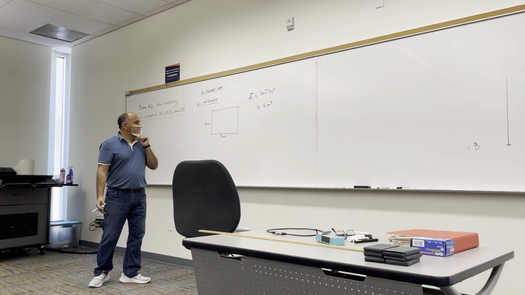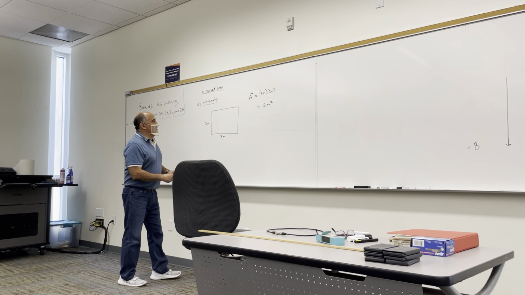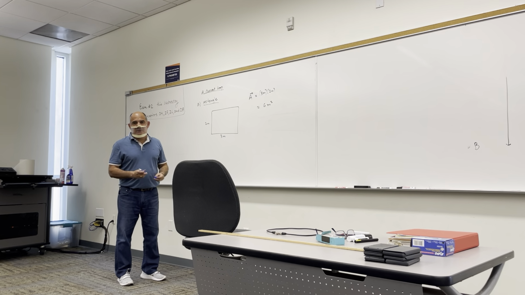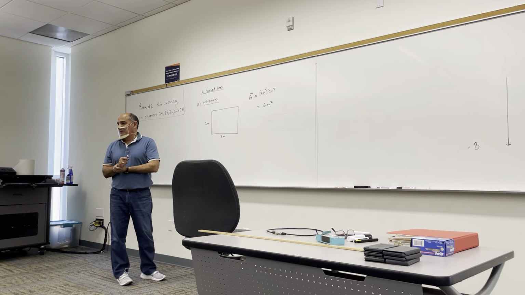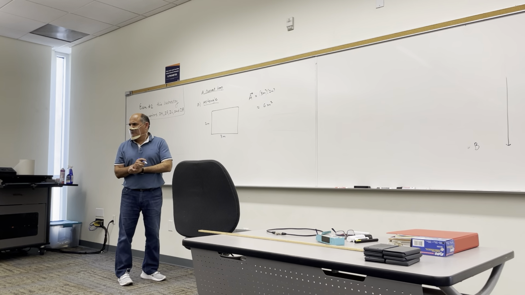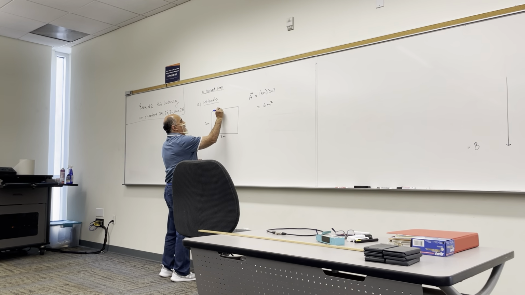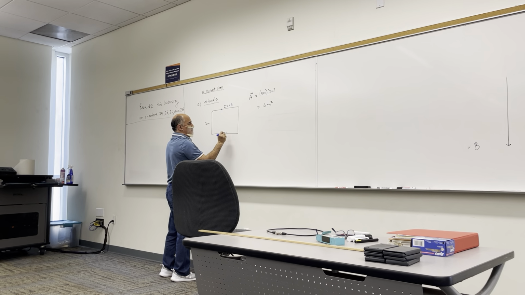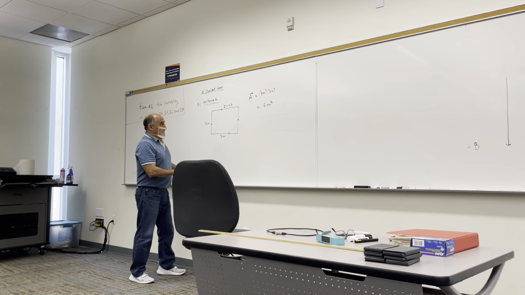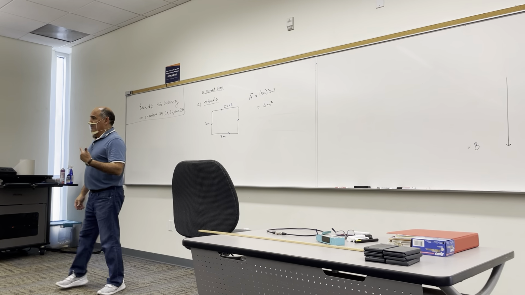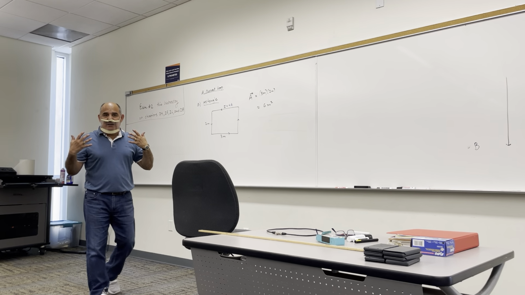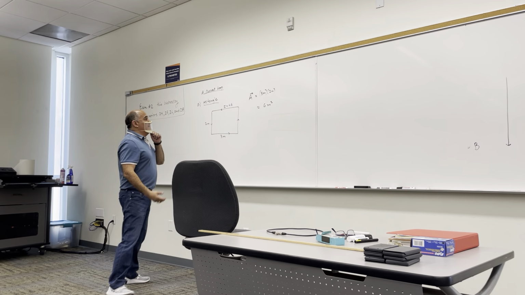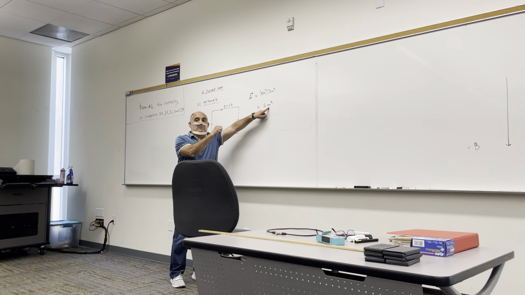Now, what I'll do is I'm gonna put a current in here. Which way would you like? I'll let you choose. What direction would you like the current to be, clockwise or counterclockwise? Counterclockwise. Okay, so suppose this loop has a current in it. I'm gonna make it 4 amps. If the loop doesn't have a current in it, then the area vector will be 6 meters squared and it could be into or out of the board.